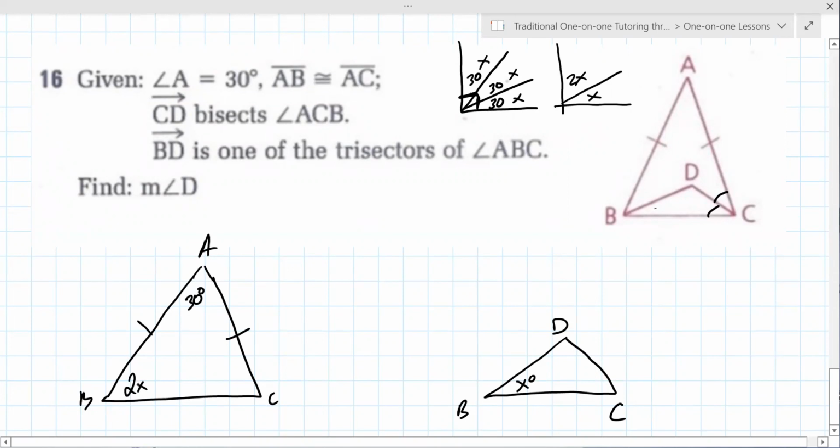Is that okay? Yes. All right. Is that right? No, I'm sorry. That is the mistake. B is the whole angle. So it's the two angles together, which is 2X plus X, or 3X.